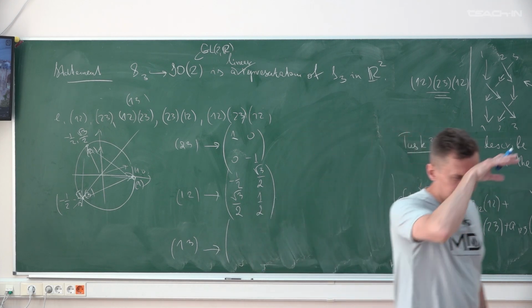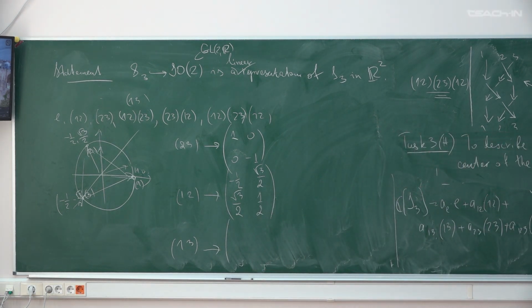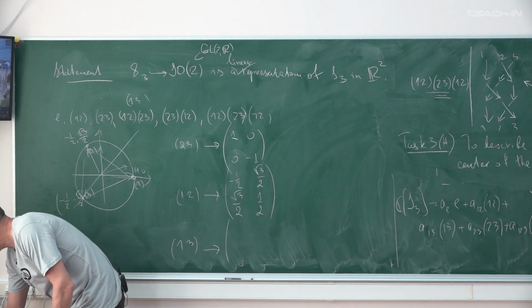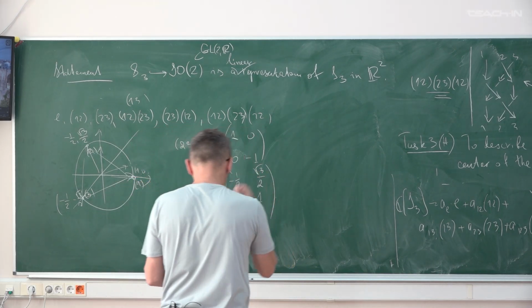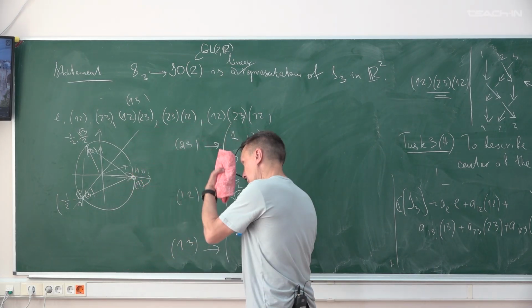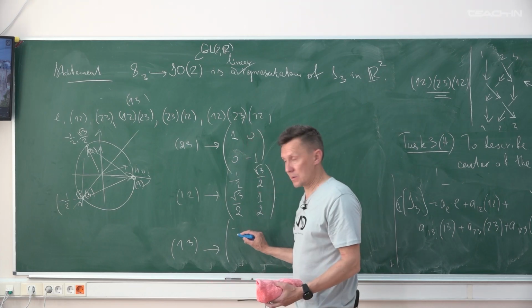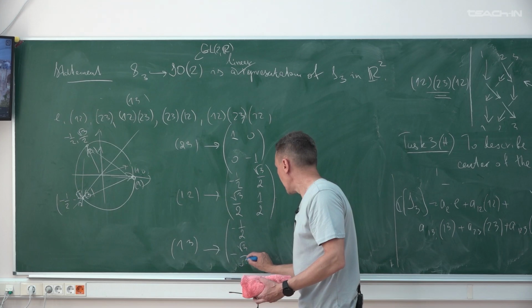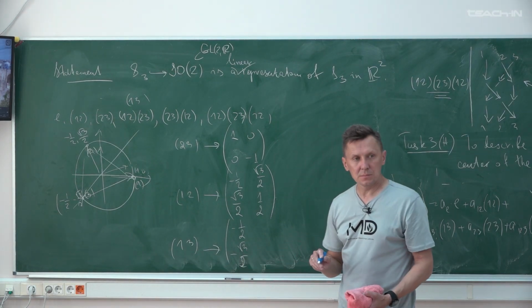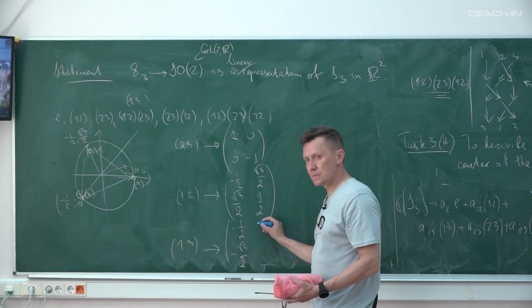But I'd like you to write it yourself, and then we compare. So the first will be like minus 1 over 2 and minus root 3 over 2. Minus 1 over 2 and minus root 3 over 2. Okay. And the second row will be, yes, maybe.